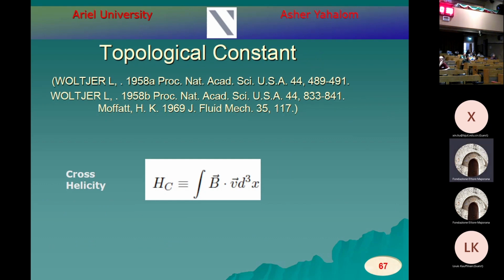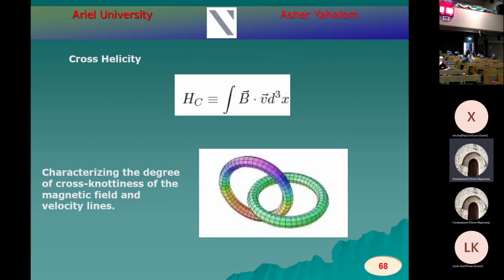Now, let's talk a little bit about topological constants. Cross-helicity was, I think, first in those 2 papers of Woltjer in 1958. And it characterized the degree of knottiness, twists, and many topological things that happen between the magnetic field line and the velocity lines.